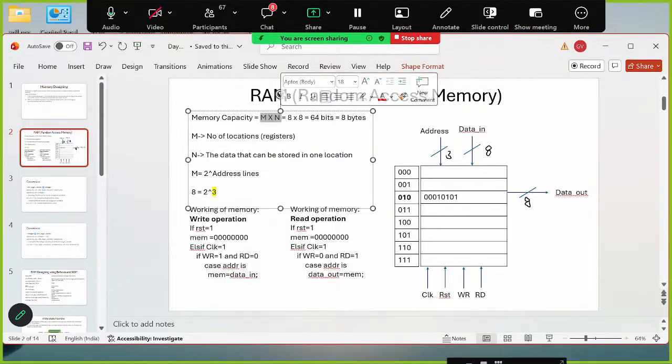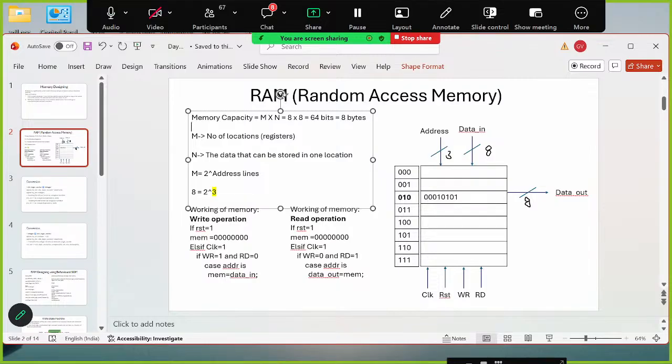Nowadays we are working with GB, TB, or PB, sorry, petabyte memories. 1 terabyte means 2 to the power 40 bytes of memory. 1 petabyte means 2 to the power 50 bytes of memory. So it's like this: bytes, then 1 kilobyte, 1 megabyte, 1 gigabyte, 1 terabyte, 1 petabyte.